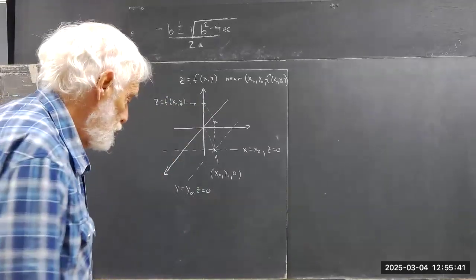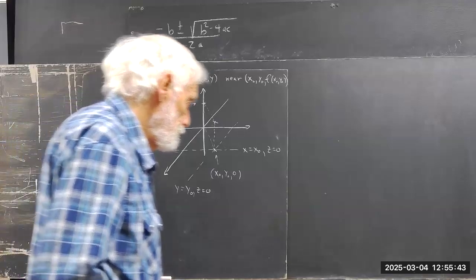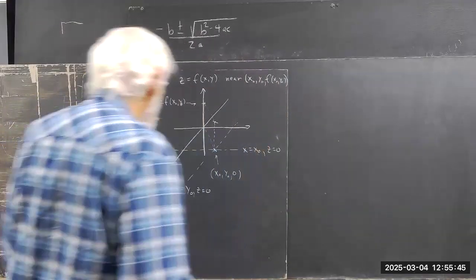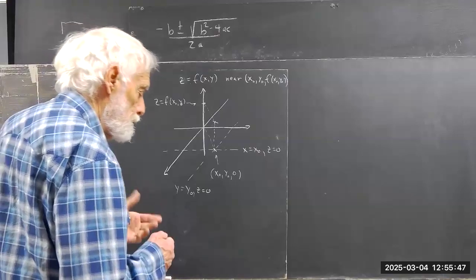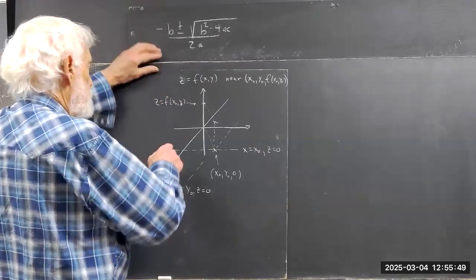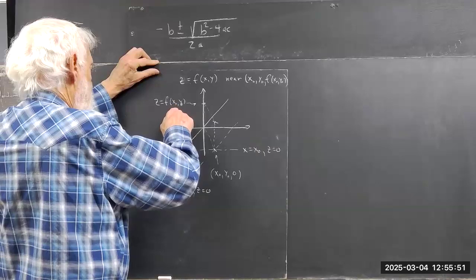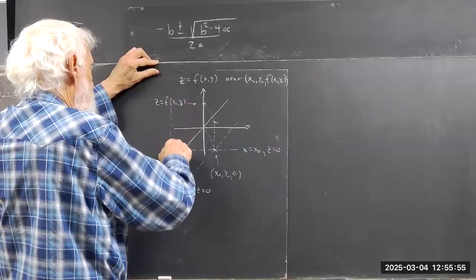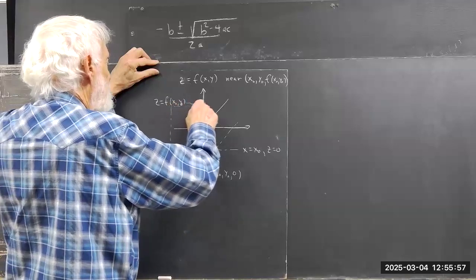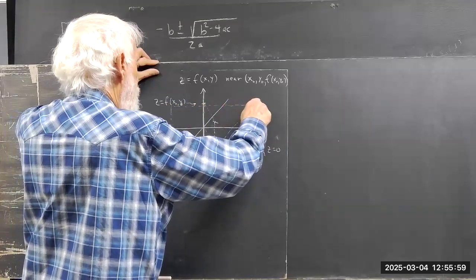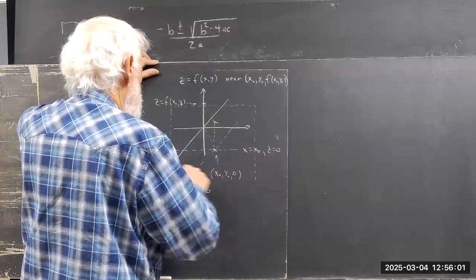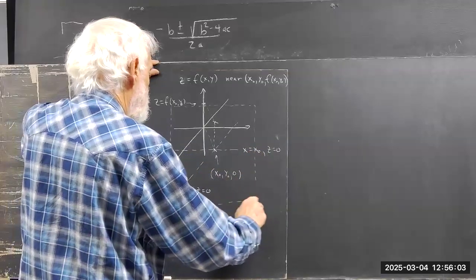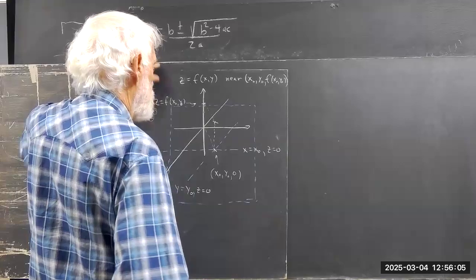Okay. Now, on this picture, I'm going to sketch two planes. First of all, I'm going to sketch at least a part of the plane, the part I'm going to need.